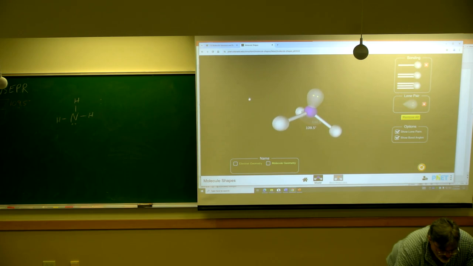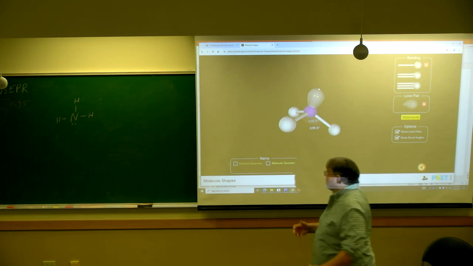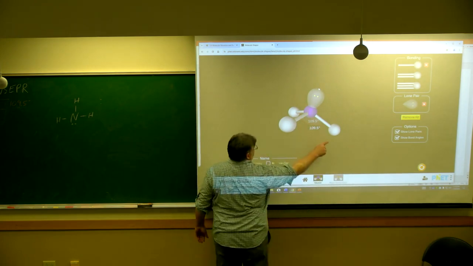What would you be tempted to call that if you were ignoring this part? Trigonal pyramidal. Like the pyramids in Egypt have a square base, so there's 4.